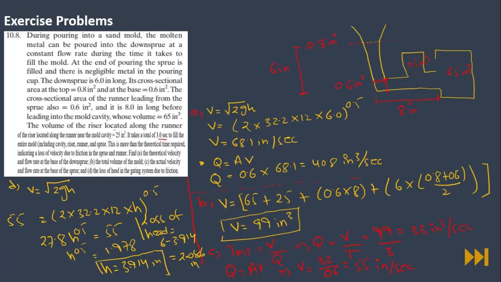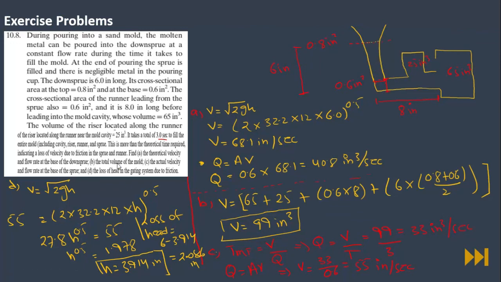It asks about the theoretical velocity and the volumetric flow rate based on the theoretical values of this head. Then it asks about the total volume, that means the volume of metal in the mold cavity, the riser, the runner, and the down sprue. So this is our total volume.